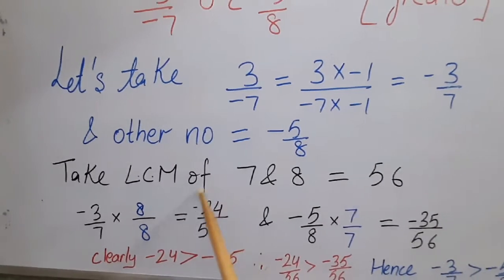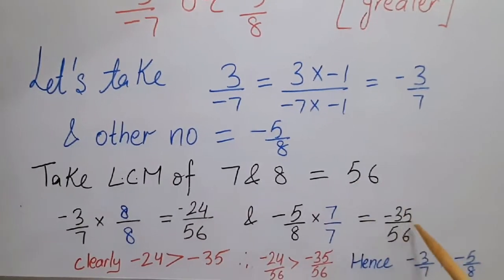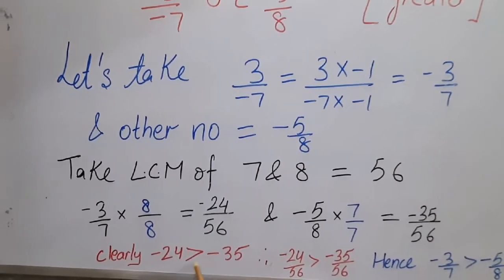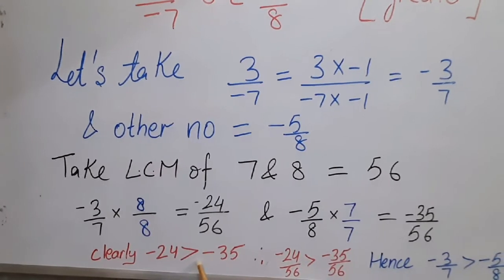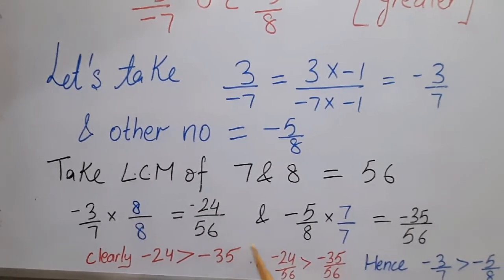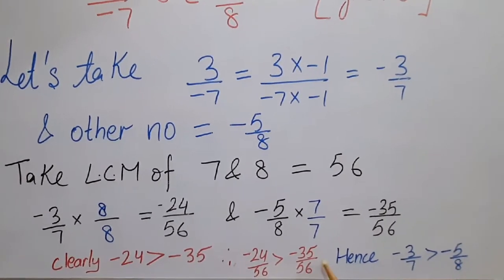In the case of negatives, the smaller becomes bigger and the bigger becomes smaller. So in this case, minus 24 is greater than minus 35. So minus 24 by 56 is greater than minus 35 by 56.